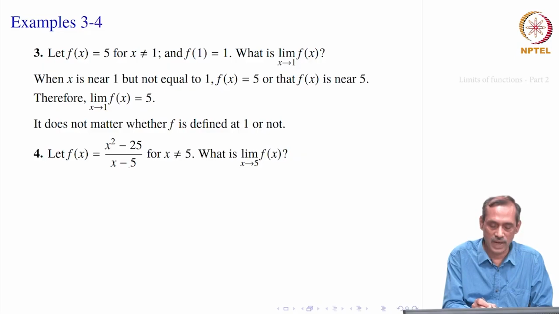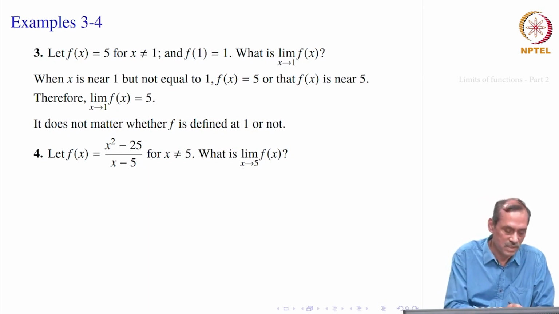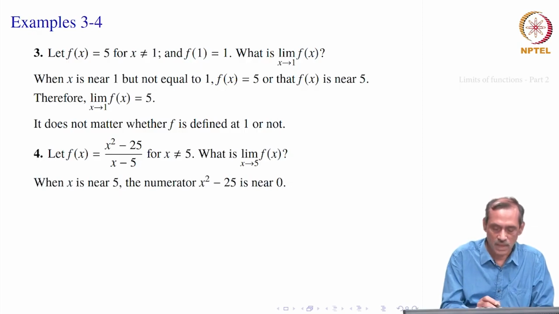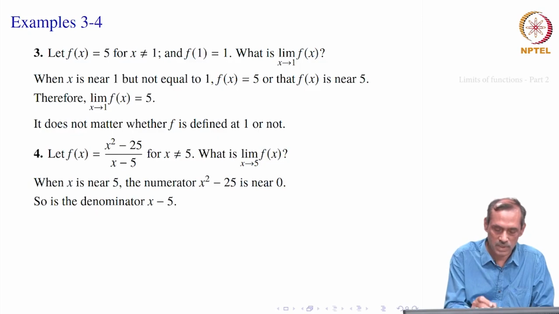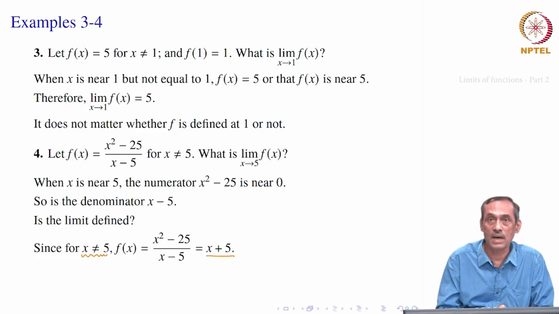Well, when x is equal to 5, this becomes 0, but when x is near 5, the denominator is never 0. So, that means you can really simplify this. You take x square minus 25 by x minus 5, and write this as x plus 5. Because x is not equal to 5, that is what our definition requires.